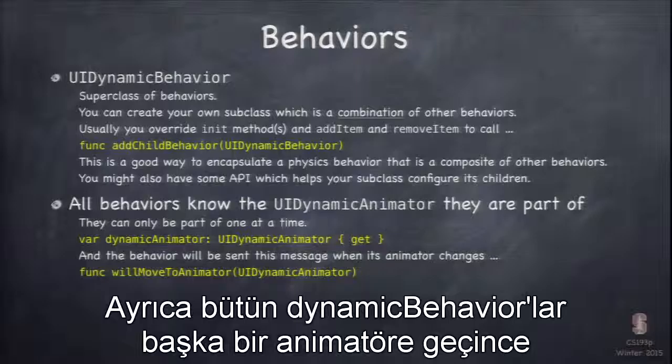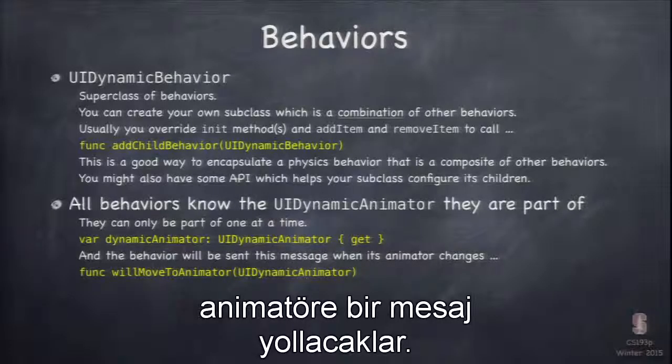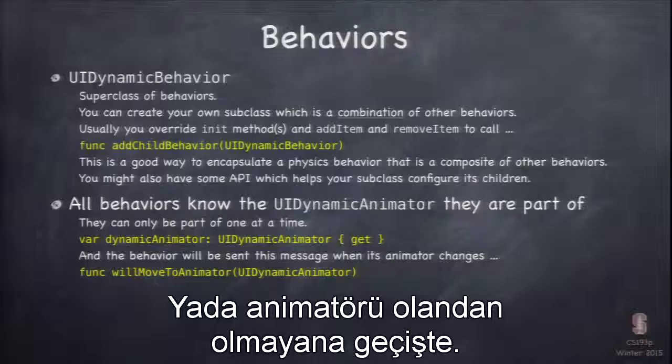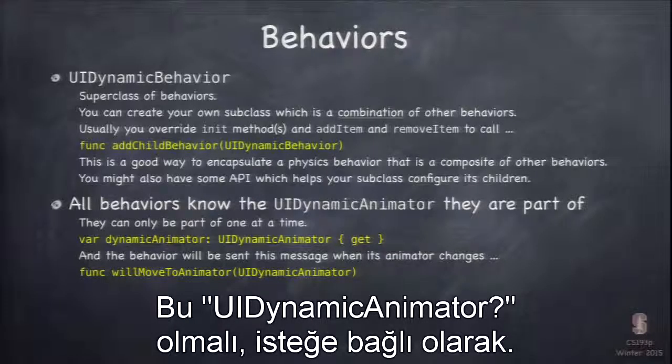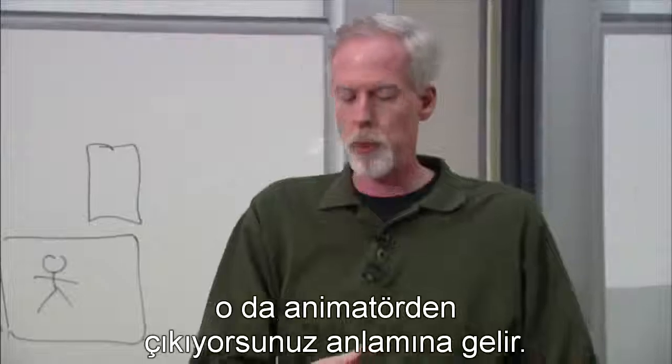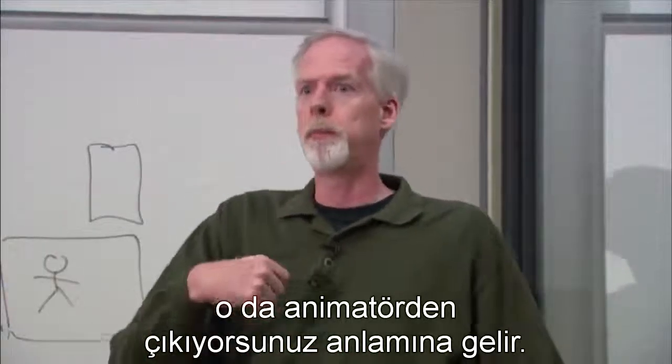Also, all dynamic behaviors will be sent the message will move to animator when they're going to switch to a different animator. Especially this is switching from not having an animator to having one, or from having one to not having one anymore. Okay? That should be UI dynamic animator question mark. That's an optional. Okay? Because it might say will move to animator nil, which means you're being taken out of an animator.